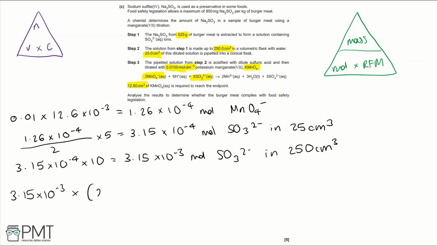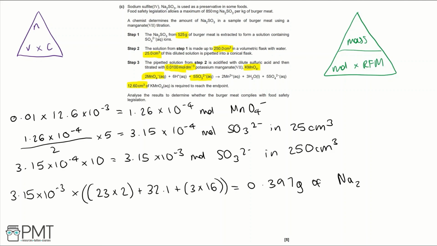So that's going to be 23 times 2, which is the relative atomic mass of sodium, then plus 32.1, which is the relative atomic mass of sulfur, plus 3 times 16, which is the relative atomic mass of oxygen. And then if we do this, we get 0.397 grams of sodium sulfite, Na2SO3, in 525 grams of meat.